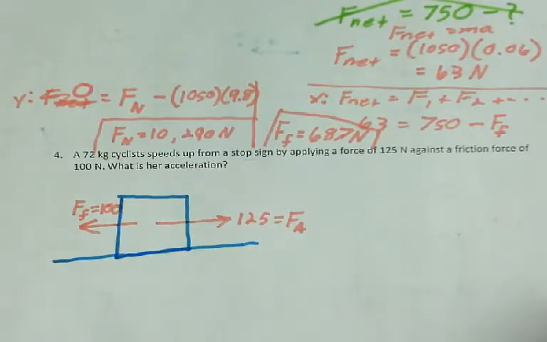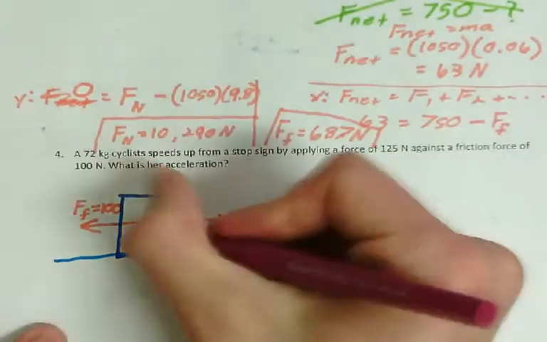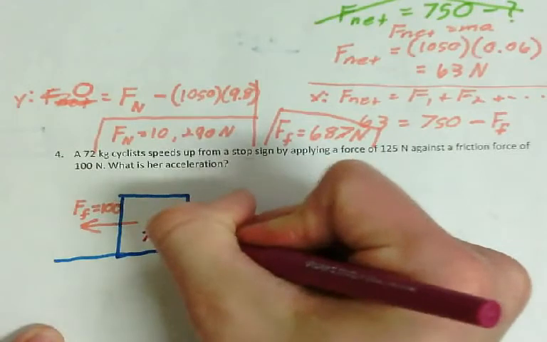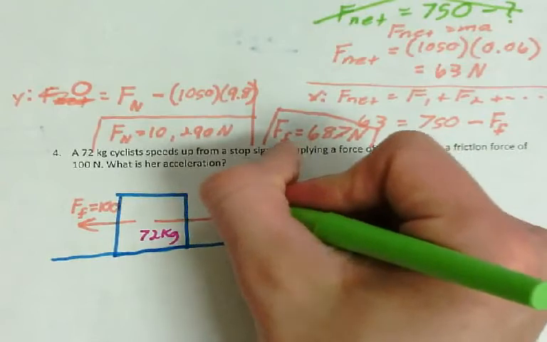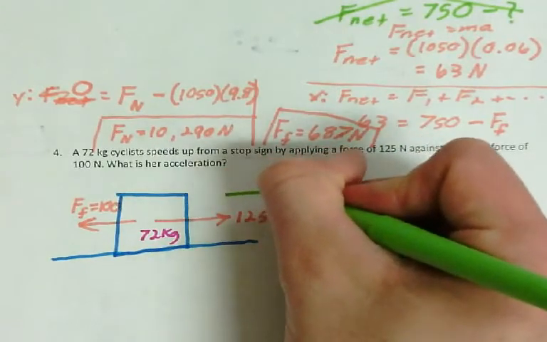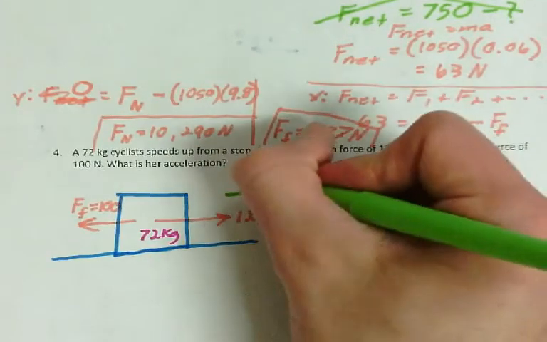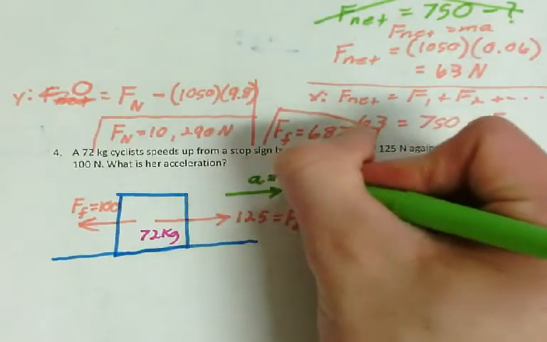Okay, so let's go ahead and include their mass in here. And what is her acceleration? So let's draw the acceleration on. So that'll be forward. But it doesn't tell me what it is, so I just write A equals question mark.